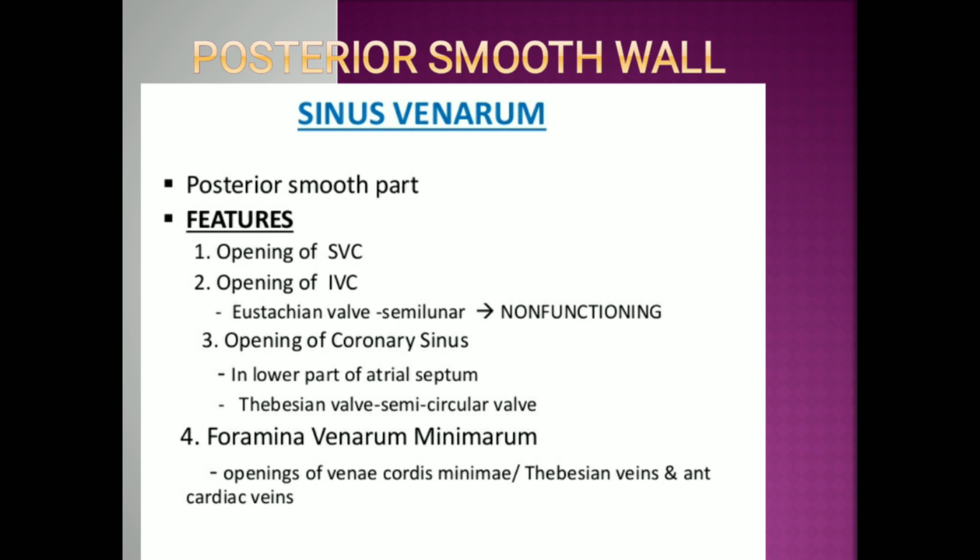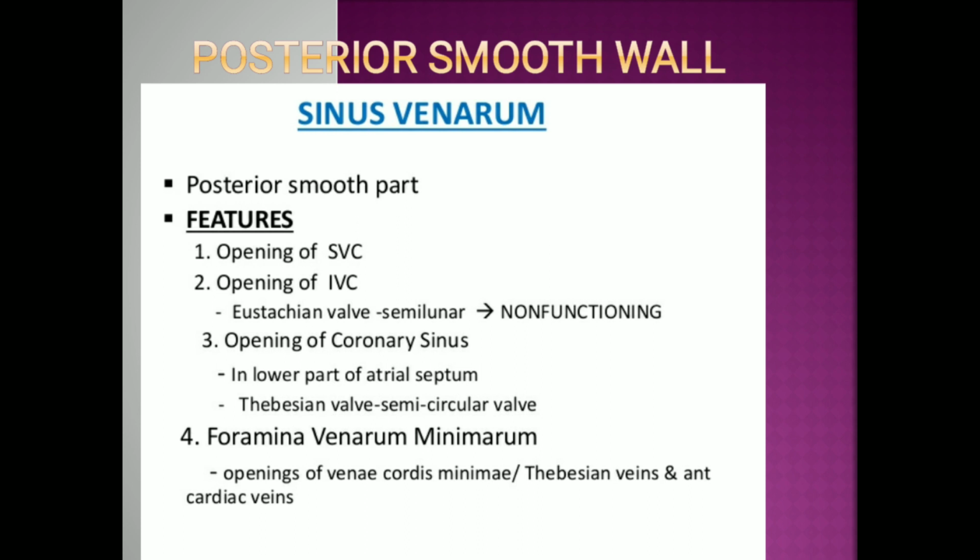It presents the following features. What it has is a major opening of the veins, the veins which carry the deoxygenated blood from the body to the heart. You know the right atrium carries the deoxygenated blood, so this blood will come from the major veins.